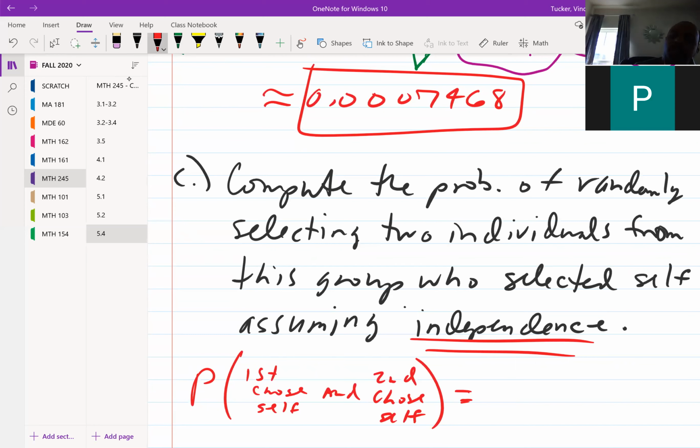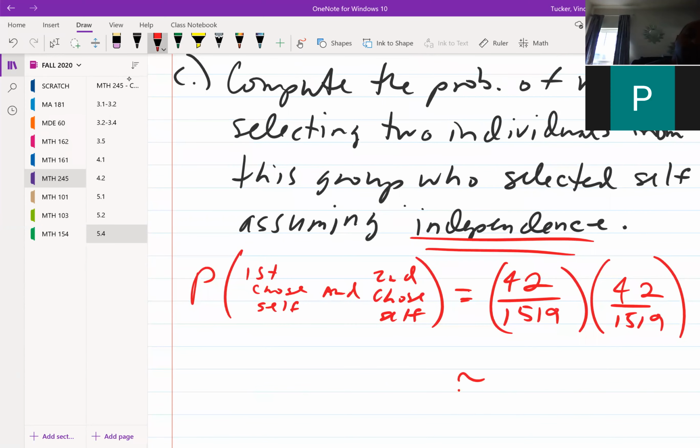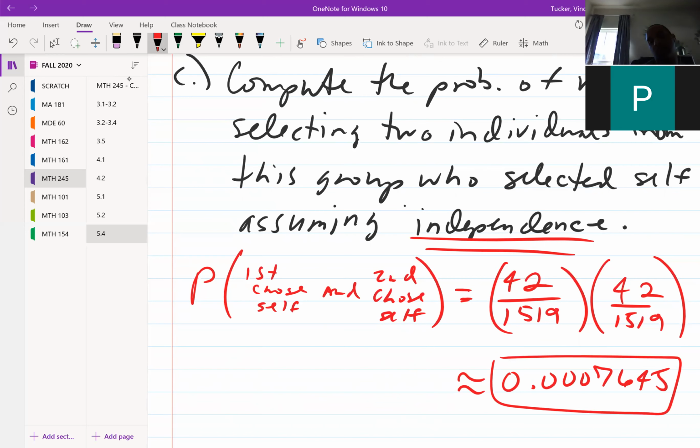So if that's the case, the first one is 42 over 1519, and the second one will be 42 over 1519 as well. So remember, that's only assuming that these occurrences are independent. That means they have nothing to do with each other. And multiplying those together, 0.007645.